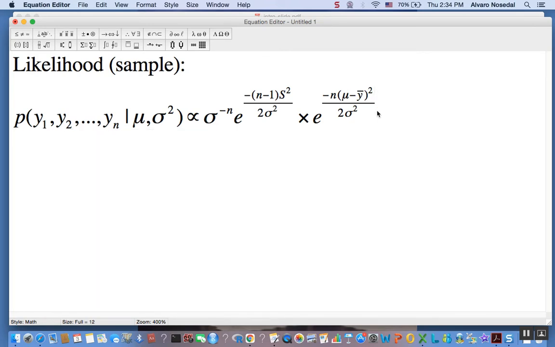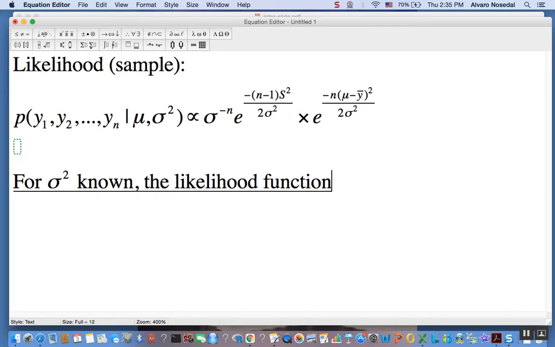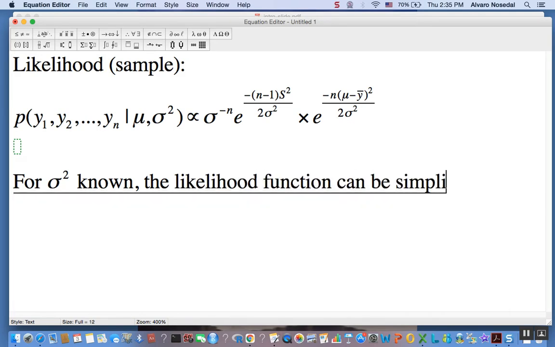We said at the beginning of this video that we're going to have an additional assumption that sigma squared is known. So let's point out that for sigma squared known, the likelihood function can be simplified.